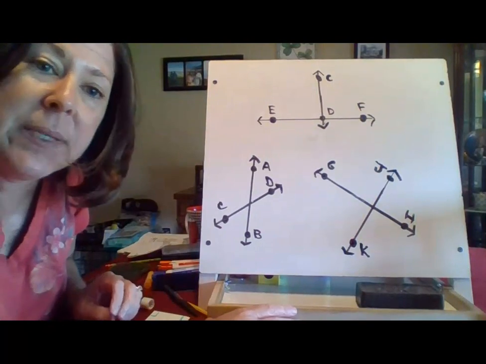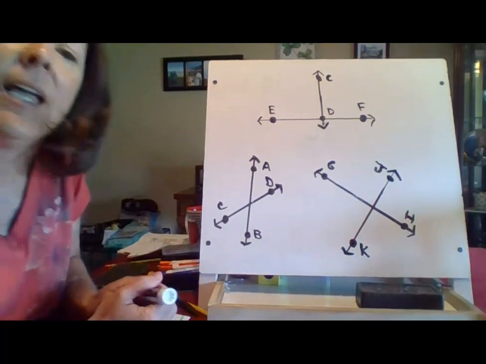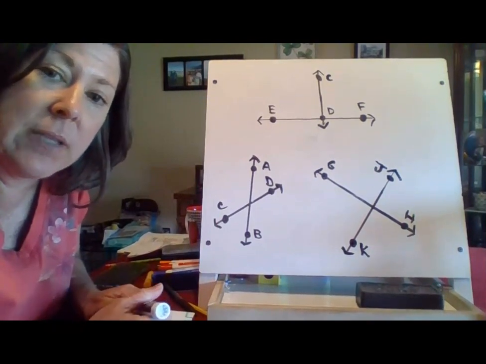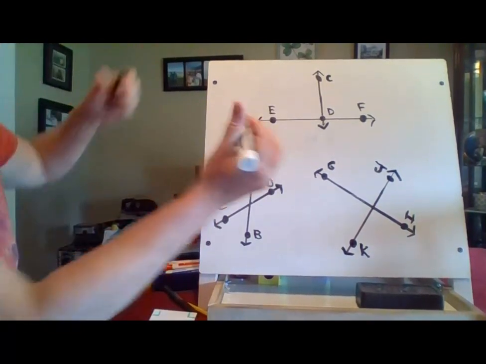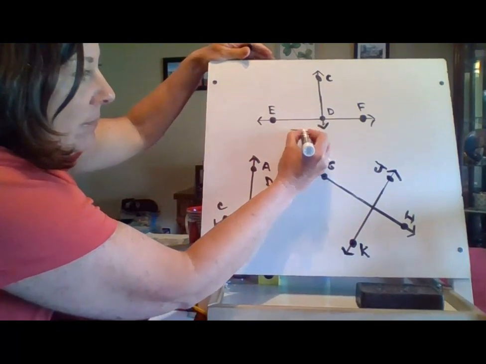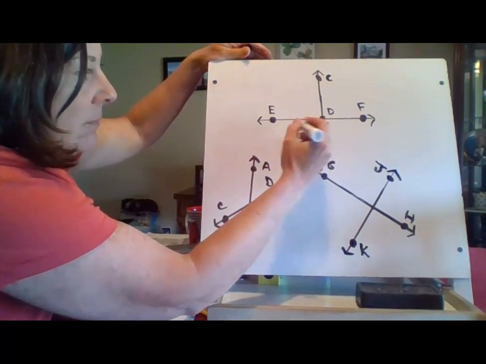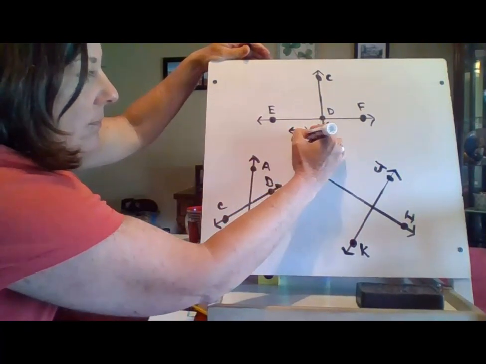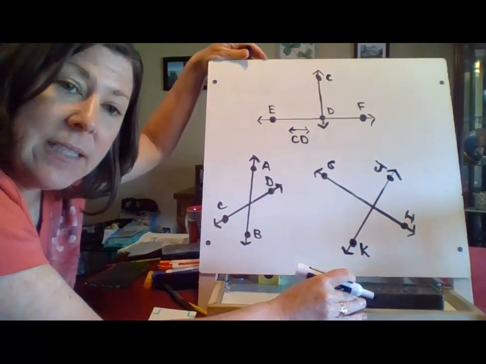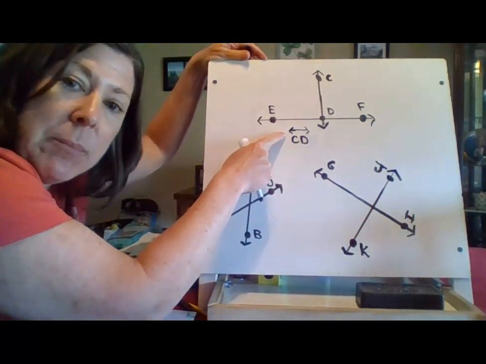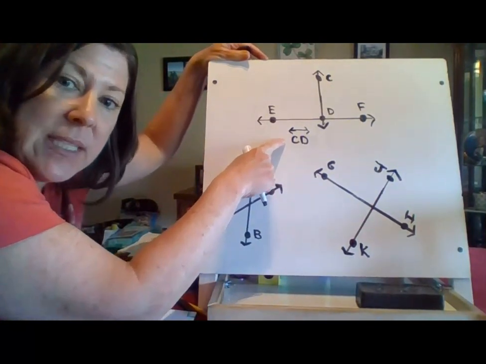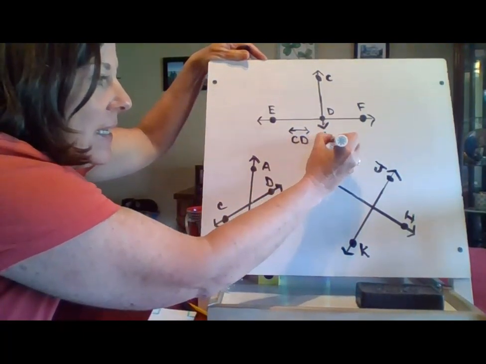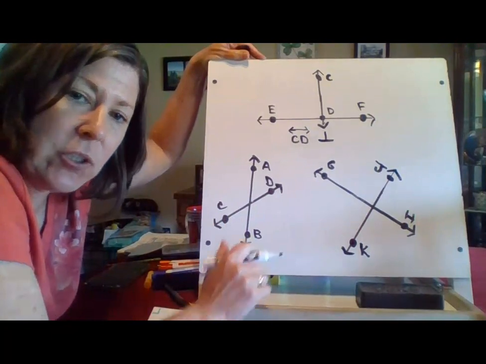So these are perpendicular lines. Now, the way that I use symbols to represent the perpendicular lines is like this. Line CD, remember from Monday's lesson, we put just a mini line above the CD, is perpendicular to.